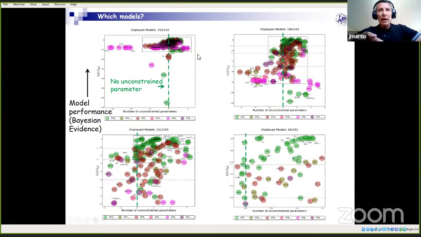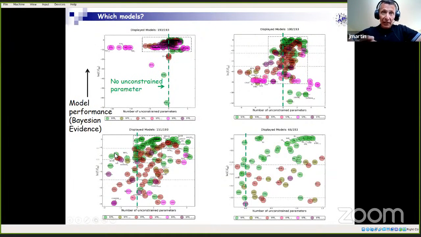So most of the models are packed in this rectangle. So what I have done is that I have zoomed in on this rectangle, and this gives the graph on the top right, where there is again, I'm sorry, a rectangle. I have again zoomed in on this rectangle, and this gives the graph on the bottom left.